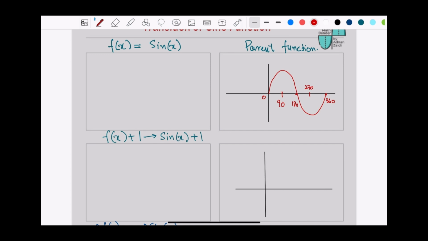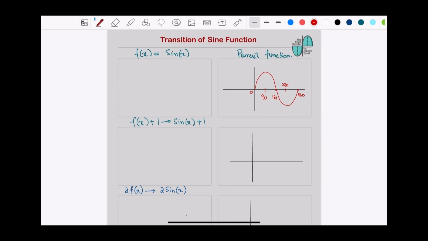But this is the basic function. The purpose is to understand what these operations are acting upon. So the function has a period of 360 degrees. The range is -1 is less than equals to y is less than equals to 1. You may also write that down like this.